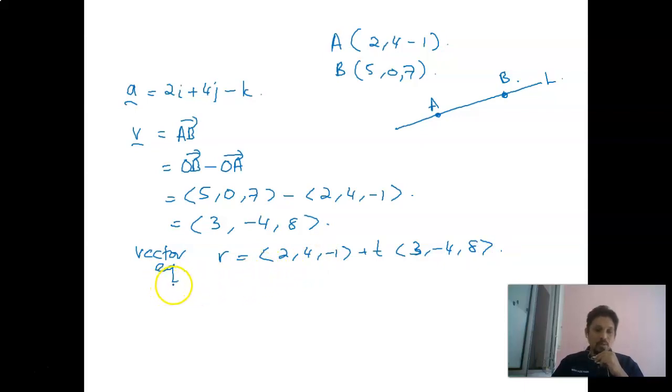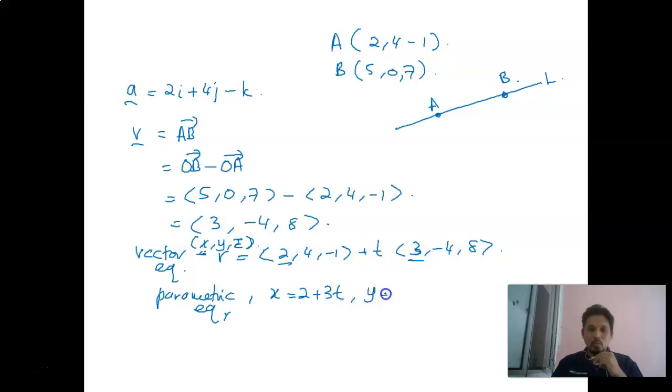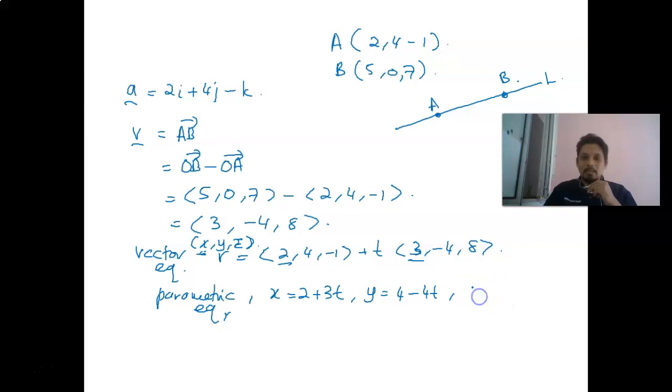Now the parametric equations, where r is (x, y, z): x equals 2 plus 3t, y equals 4 minus 4t, and z equals negative 1 plus 8t.